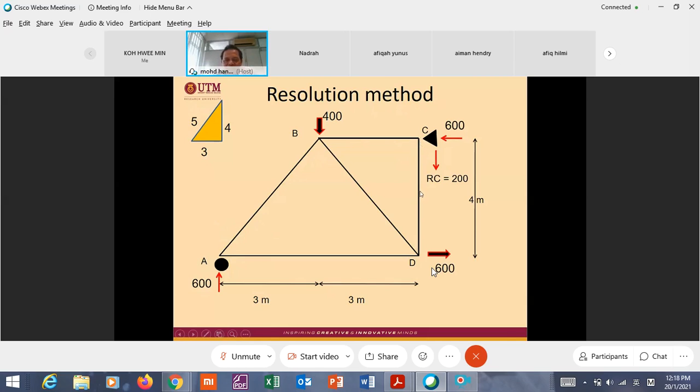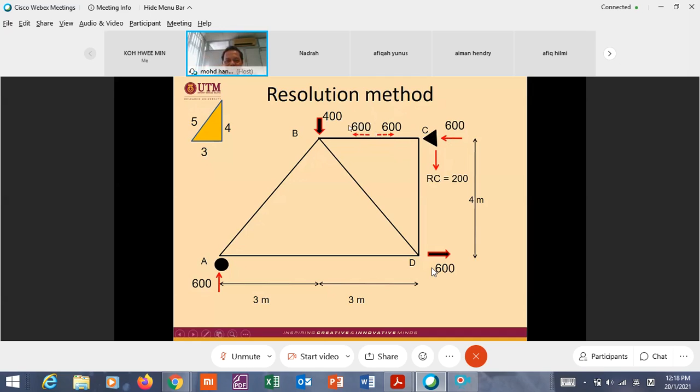And what next? So okay, when this is 600, because this member should be in equilibrium, therefore, when you have 600 in right direction, you must have another 600 in left direction, to make this member in equilibrium. There are two conditions.